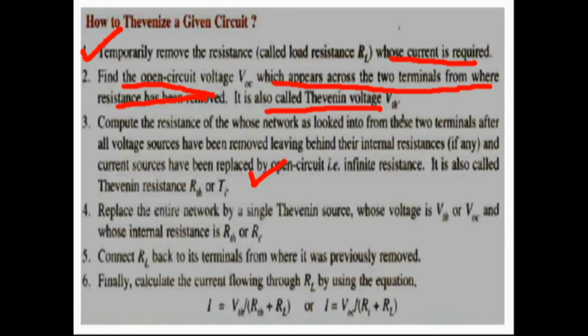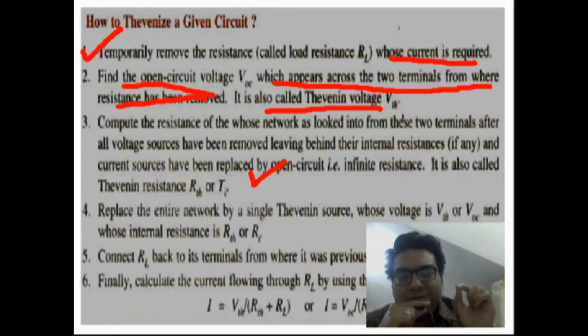In order to find RTH, you have to replace the voltage source by its internal resistance, or the current source by its internal resistance. So guys, if there is a DC voltage source, the ideal internal resistance is 0.